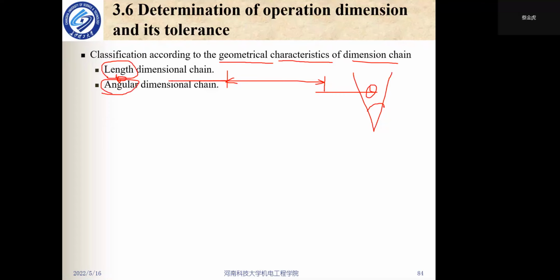Each dimension in the dimension chain is a measure of the angle.